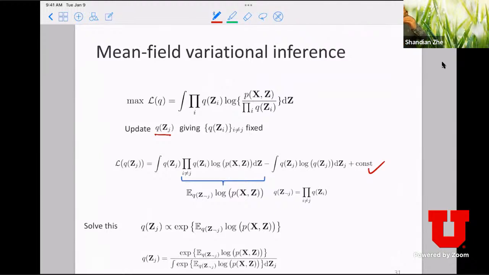It's relatively easy, but you need to spend a few steps to show that if you fix all the other factors and you want to find the optimal Q of Zg, what we need to do is take a logarithm of my joint probability, and then take expectation of my log joint probability under the current Q of Z not g. Z not g includes all the other variables excluding Zg.